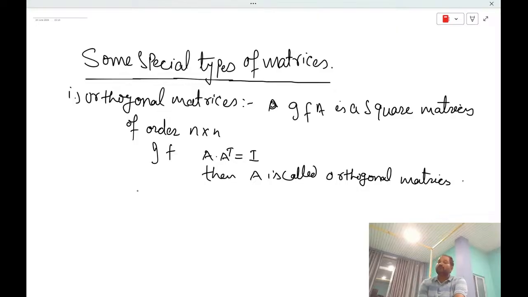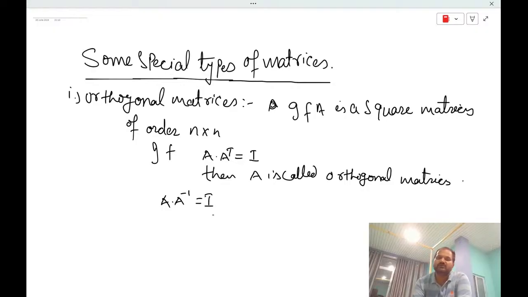And we have also seen in the inverse of matrices that the product of A and A inverse will also be equal to I, where I is the identity matrix.